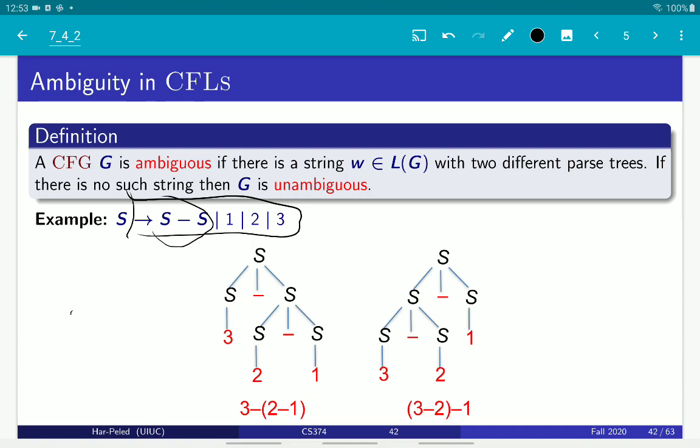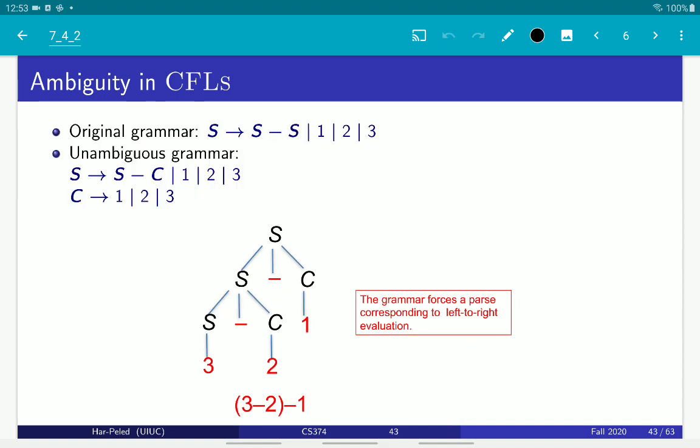You can get over this problem by playing around with the grammar. You introduce a new variable C, where C generates a terminal, and then you force S to go to either minus a terminal or to S itself. So you get a unique parse tree, which is good. And in fact, this is the right parse tree as far as numerical operations. So that's good.